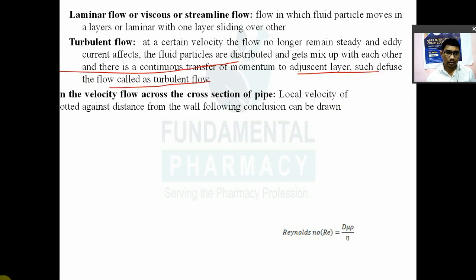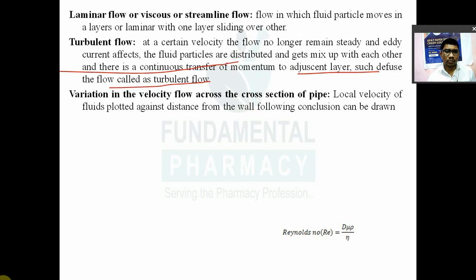So, variation in the velocity of flow across the cross section of pipe. When local velocity of fluid is plotted against the distance from the wall, some conclusion can be drawn. मतलब variation in the flow across the cross section of pipe, मतलब देखो जो पाइप है उसका सेंटर होता है, उसका एज होता है ना, सेंटर पे फ्लो कितना होगा, एज के ऊपर फ्लो कितना होगा, ठीक है.